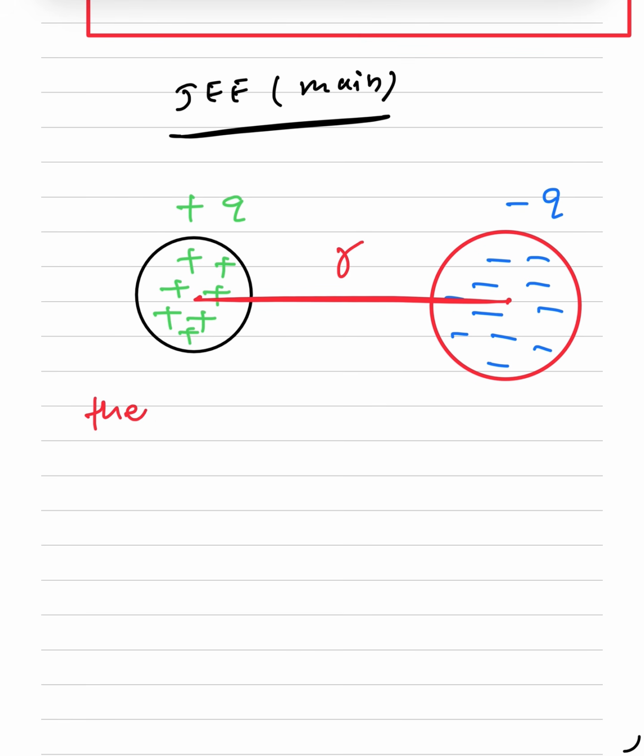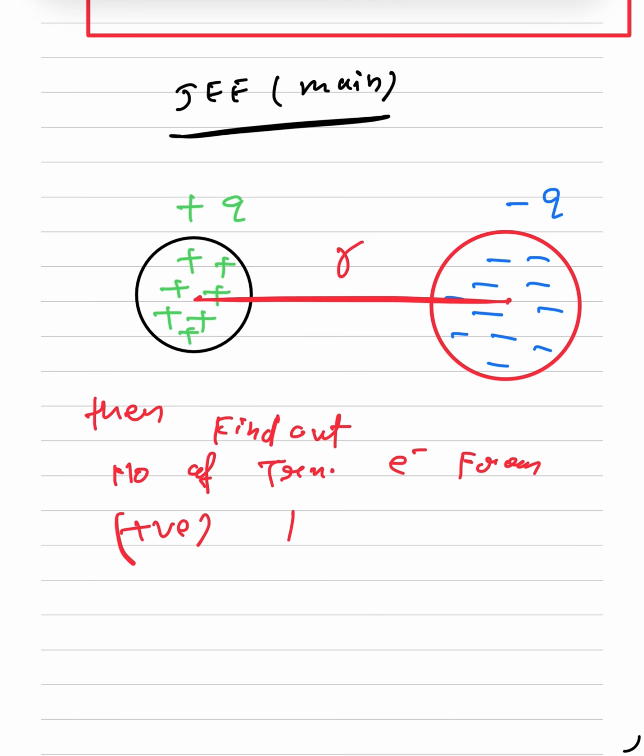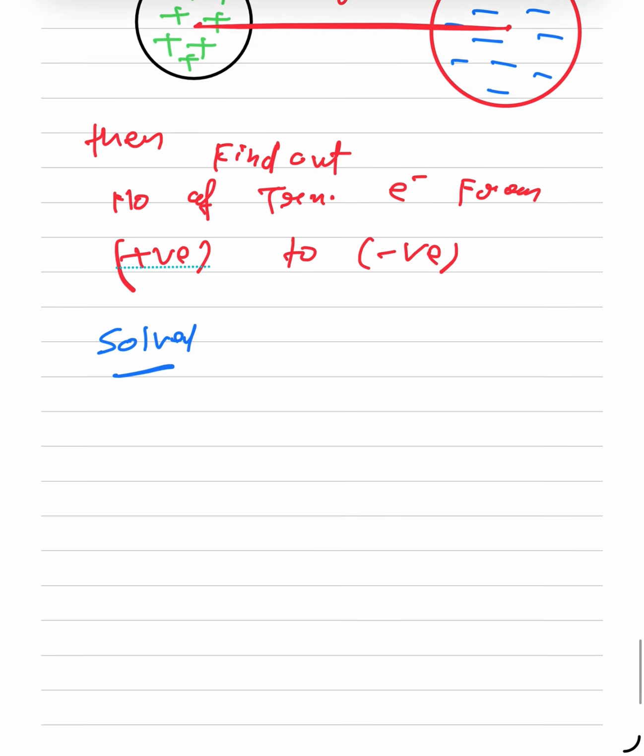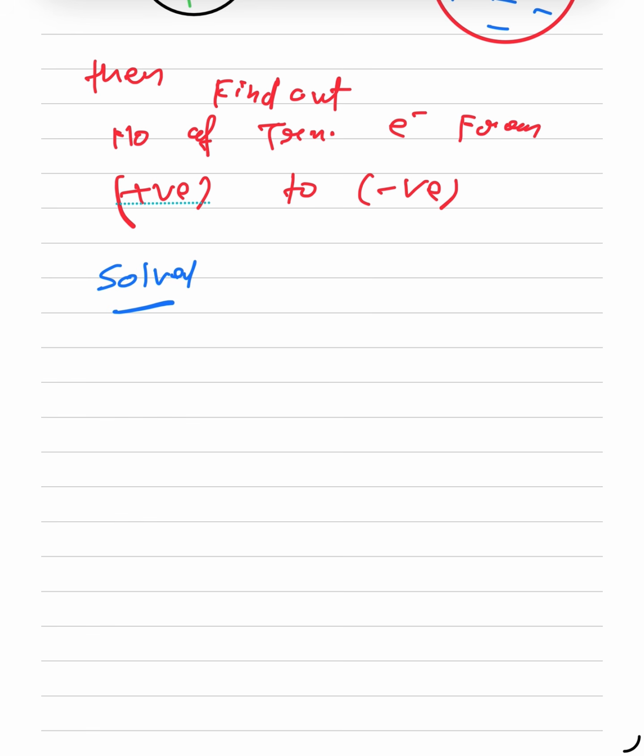Then find the number of electrons transferred from the positively charged body to the negatively charged body. How do we calculate it? Solve this problem using the Coulomb force.